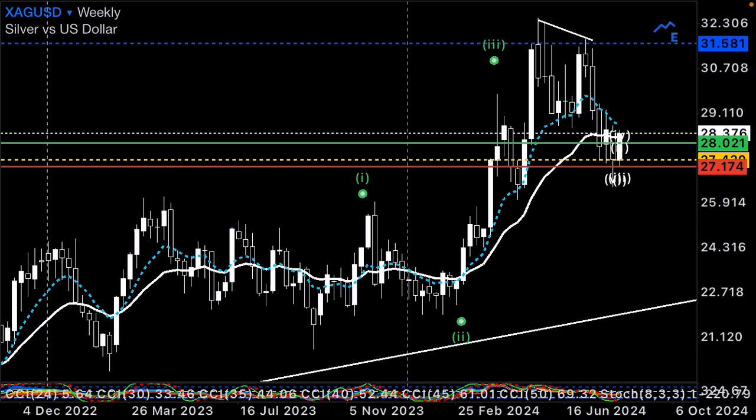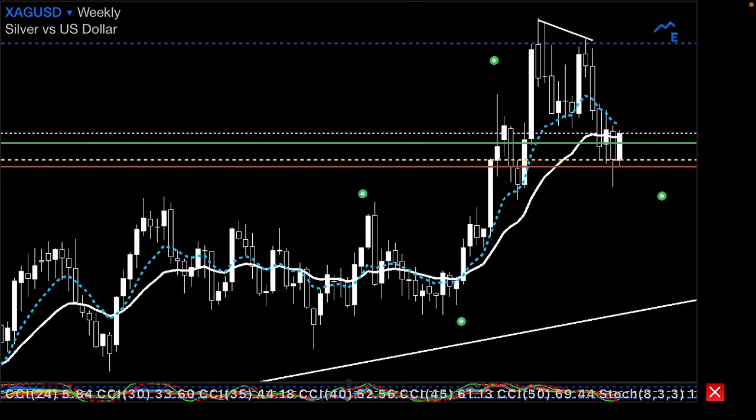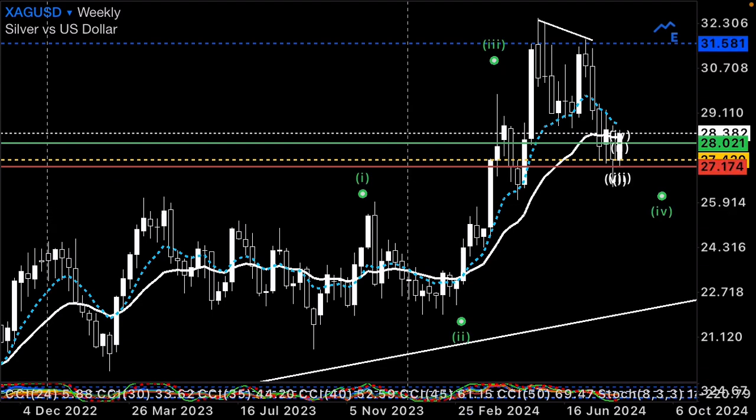This could be a 3, this could be a 4, and it might want to go up for a 5. And the thing is, if silver and gold go up, so does the pound and the dollar. Or the euro and the pound. And the dollar would be going down.